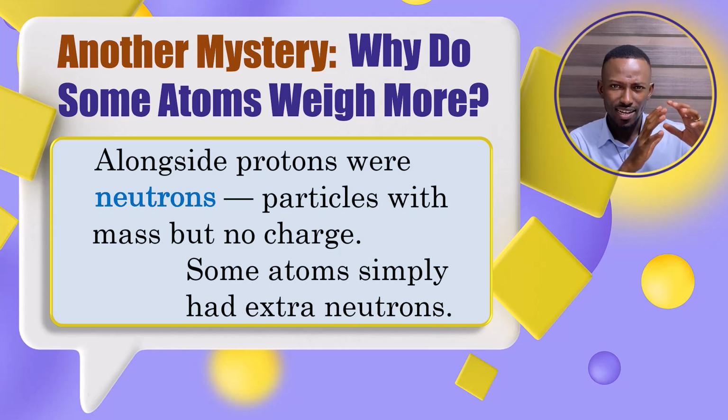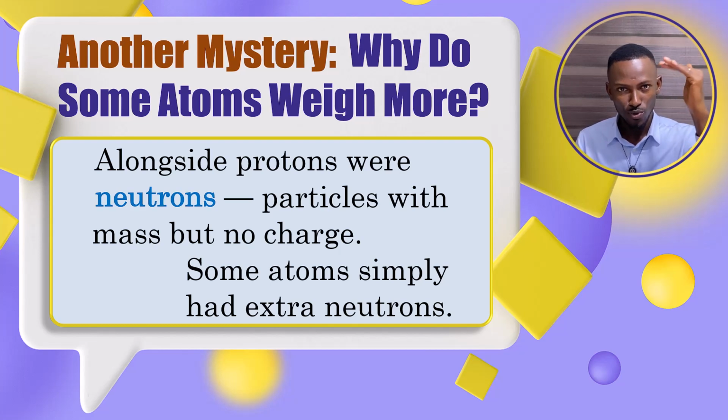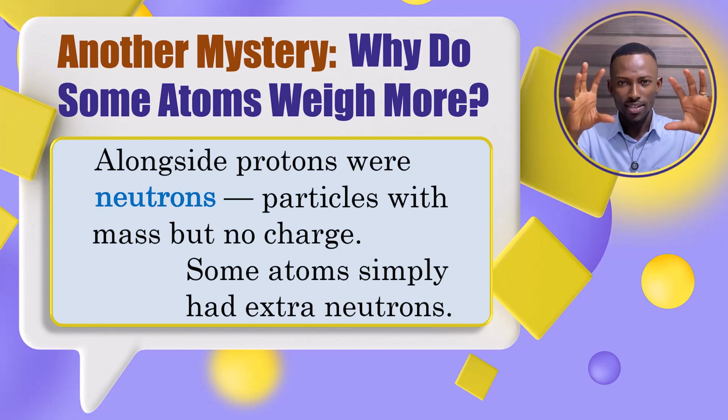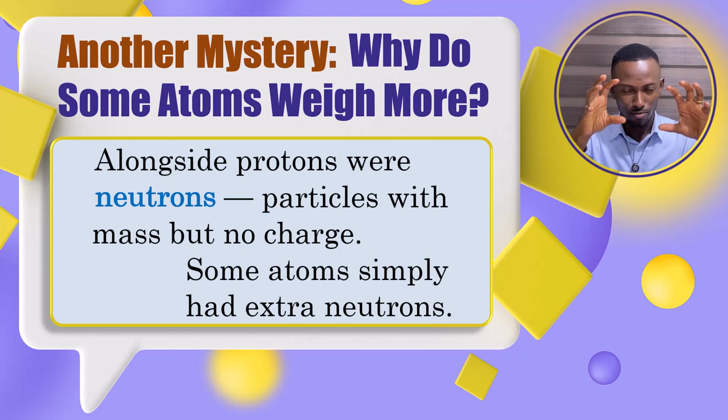These neutrons actually affect the masses of some of the atoms. So for example, if you pick atoms of chlorine, although they are all atoms of chlorine, some of them have more neutrons than the others. Let me say that again. You can pick two different atoms, but they are all atoms of chlorine.